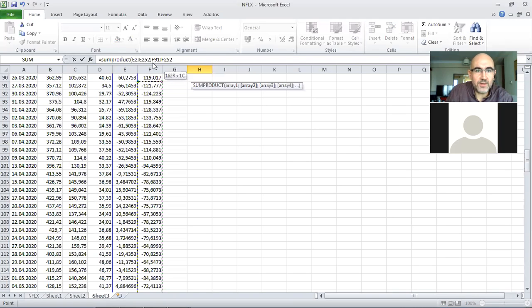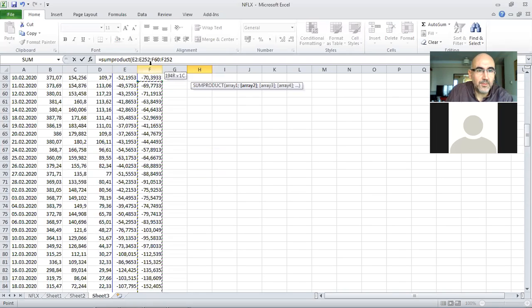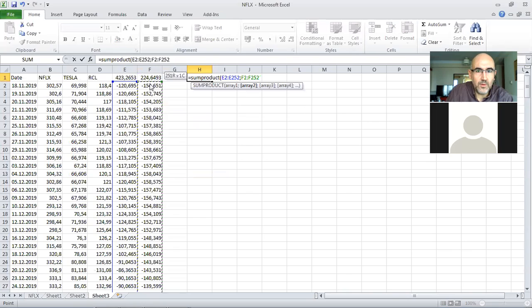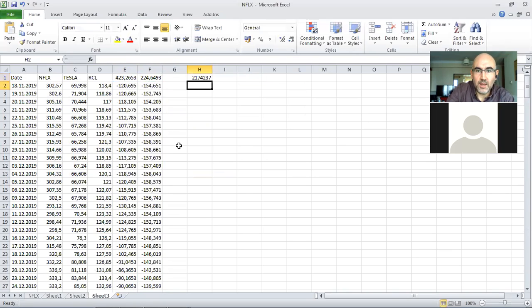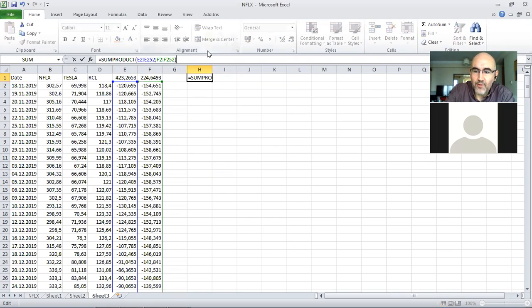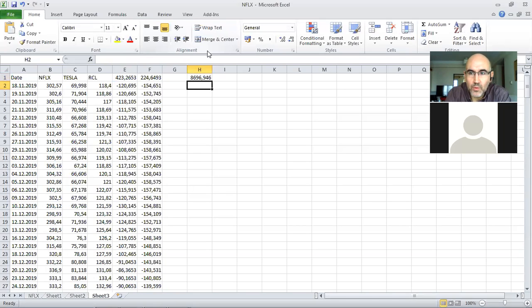It's going to be a large positive value. Of course, I need to finalize this by dividing by the number of values minus 1, so 251 minus 1, which is 250. So that is the covariance calculated between the stocks Netflix and Tesla, and that's a positive covariance.